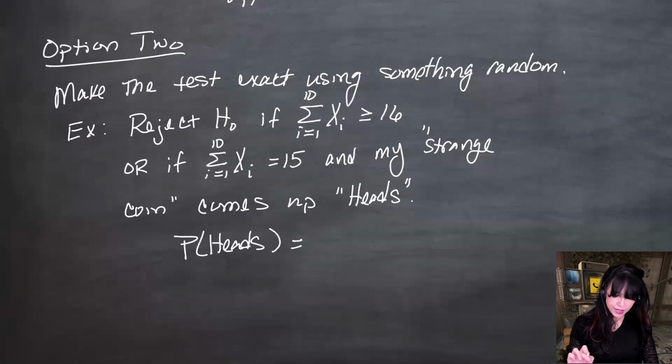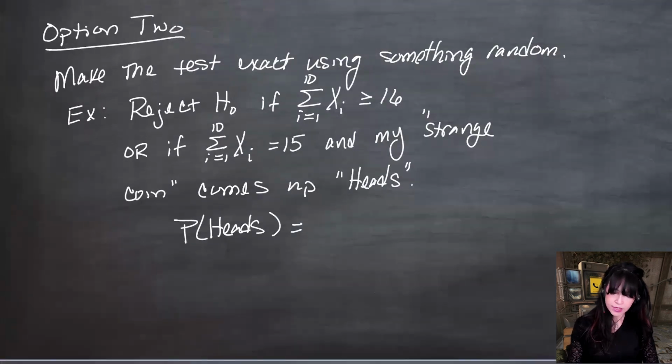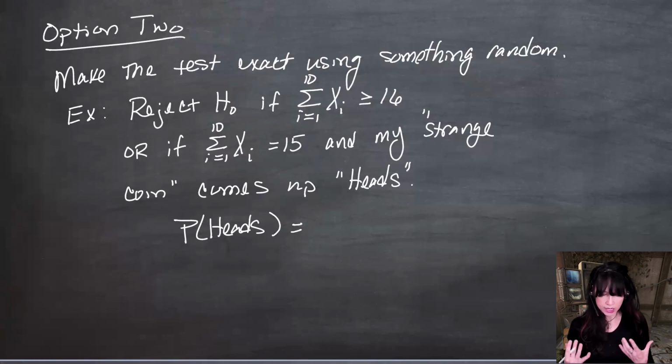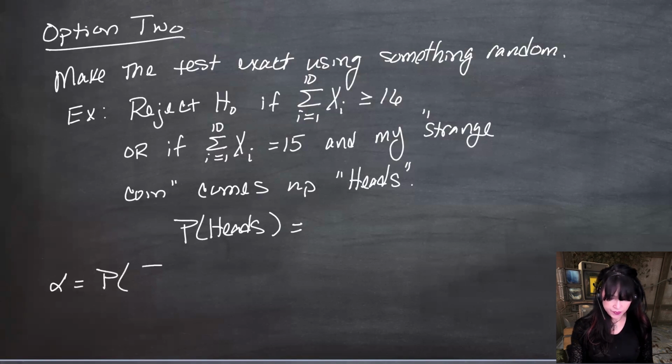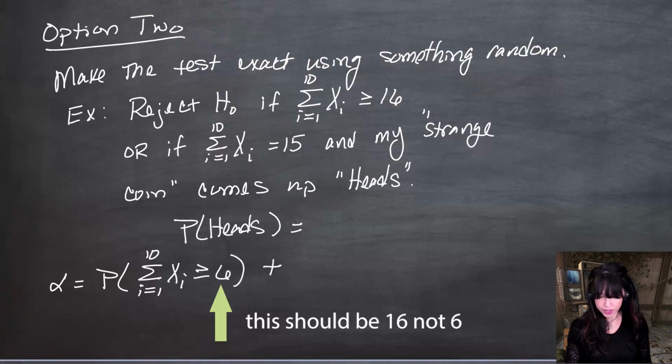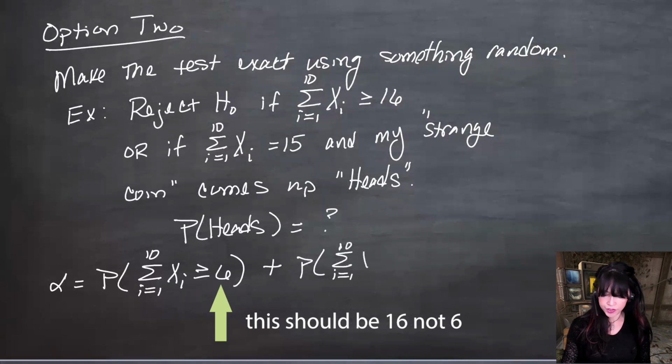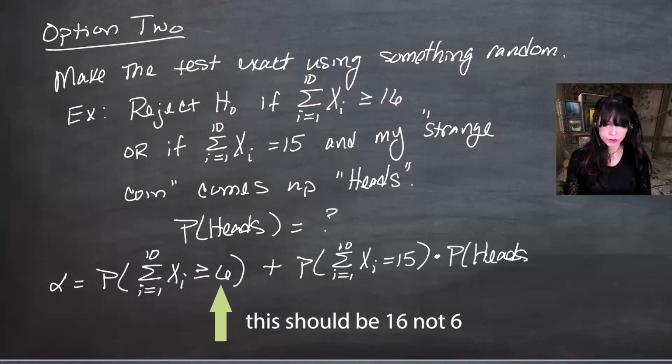So the probability you reject when the null hypothesis is true, so theta is 1 and we're working with a Poisson 10, our alpha is going to be the probability that the sum as i goes from 1 to 10 of the xi is greater than or equal to 16, or we get to add the disjoint event probability, so I still need to figure this out, of the probability that the sum as i goes from 1 to n, or 10, of the xi is equal to 15, and then multiply by an independent coin flip for a really strange coin.